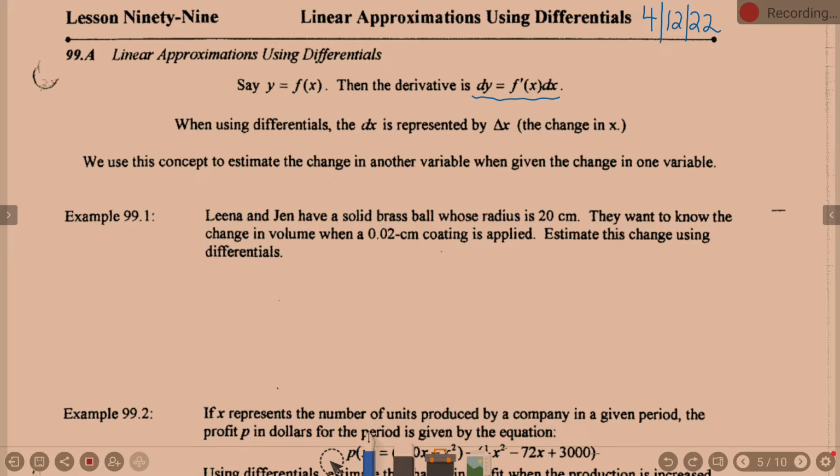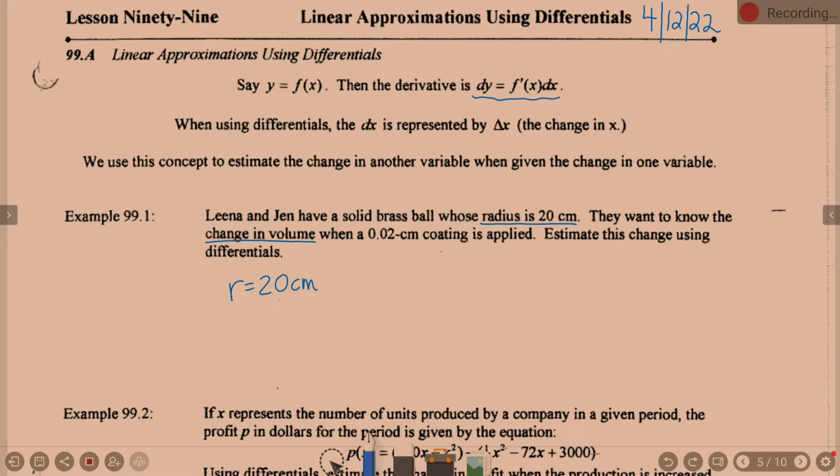Okay, let's go back and gather information. Lena and Jen have a solid brass ball whose radius is 20 centimeters. They want to know the change in volume.